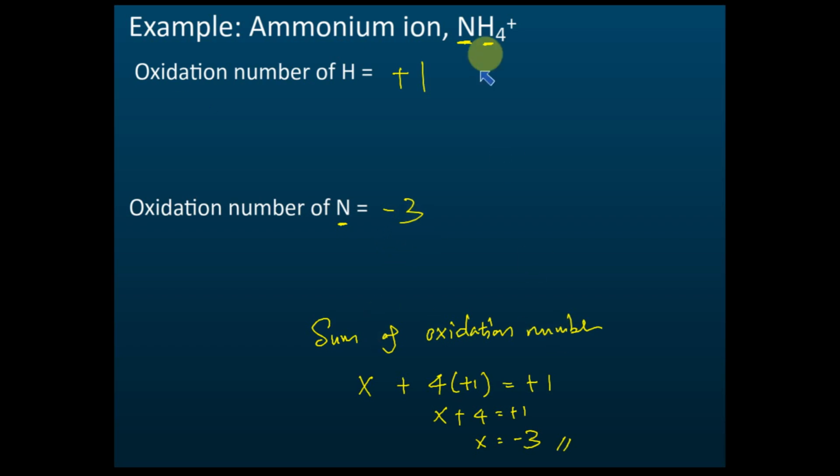The sum of oxidation numbers: nitrogen we don't know, X, and we have 4 hydrogens, 4 times +1, and the sum of the oxidation numbers is equal to the charge, +1. So X plus 4 is equal to +1, so X is equal to -3. The oxidation number of nitrogen is -3.